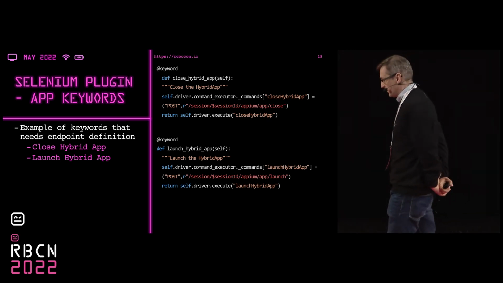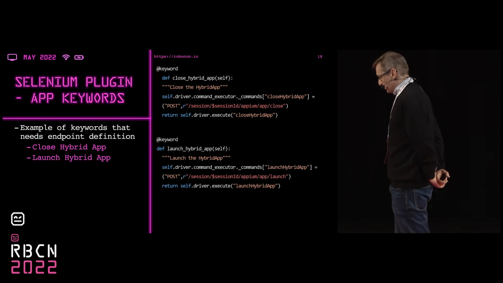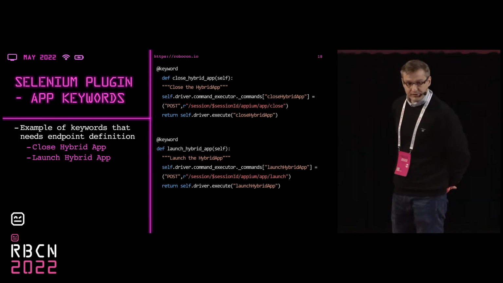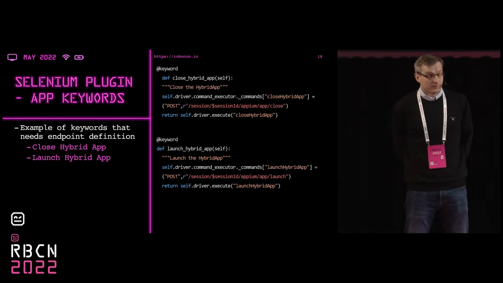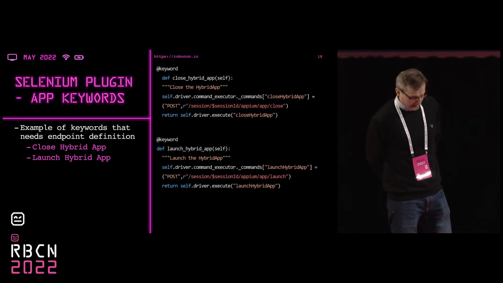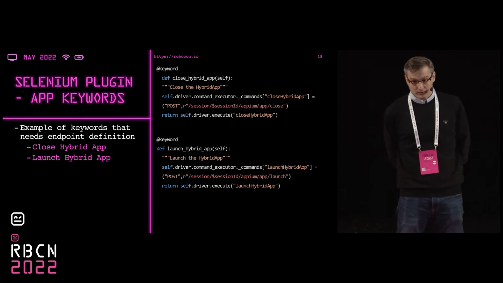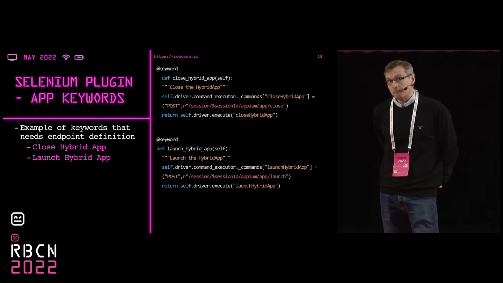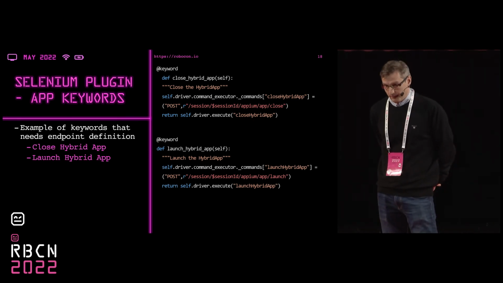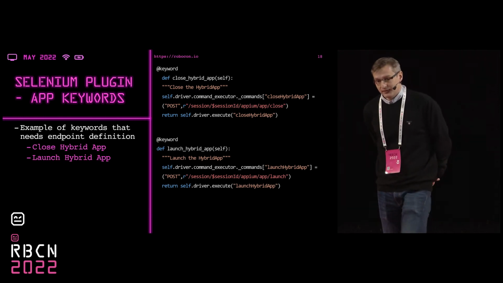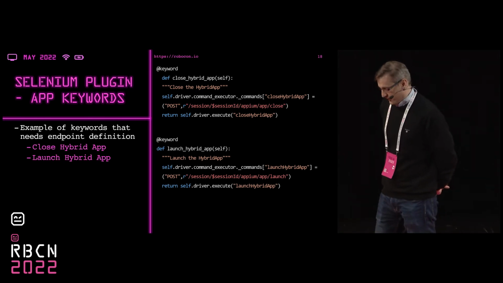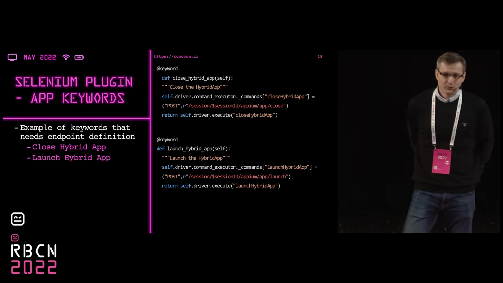As in testing, I just needed to close or restart the app, and that was not supported by the Selenium library at all. I needed to create them. But as you see from the example, that was really easy.